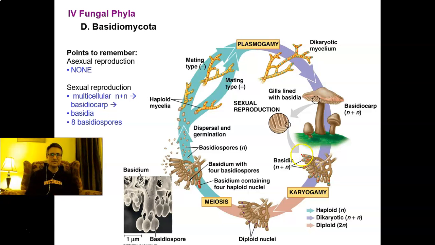So inside each basidium, we start out with 2 1N nuclei in the N plus N phase. We go through karyogamy, or fusion of the 2 nuclei, to give us a zygote in each of our basidial cells. Our zygote then quickly undergoes meiosis, so we get 4 spores, otherwise known as 4 basidiospores per basidium.